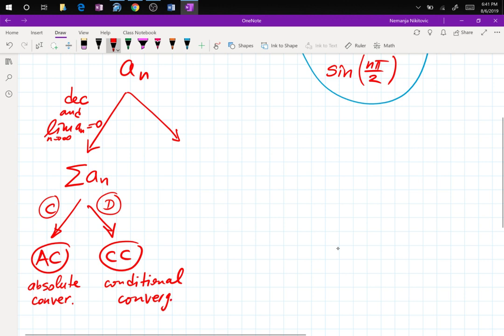So you guys have now two different types of convergence, and I'll explain that. On the other side, if the limit as n goes to infinity of a_n is different than 0, you have divergence. So alternating series converge absolutely, converge conditionally, or diverge. And they're the only ones that do this. Everyone else has converge or diverge.